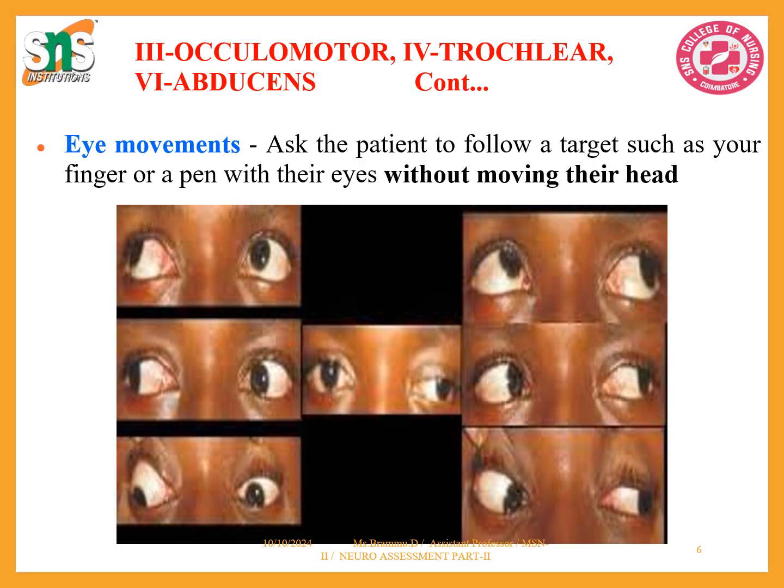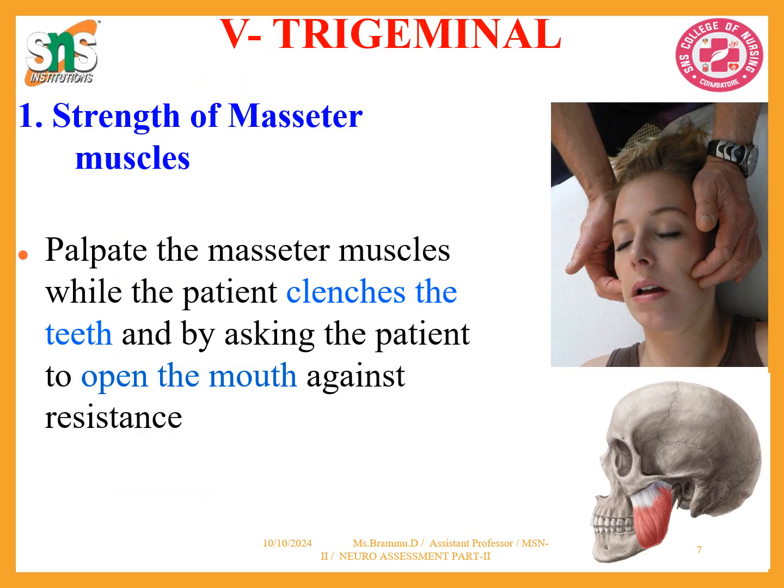We ask the patient to follow the stimulus wherever it is moved, in an X pattern or H pattern, without moving their head. Only the eyes should move, and hereby we easily find out whether the patient has any sort of nystagmus or strabismus and so on.